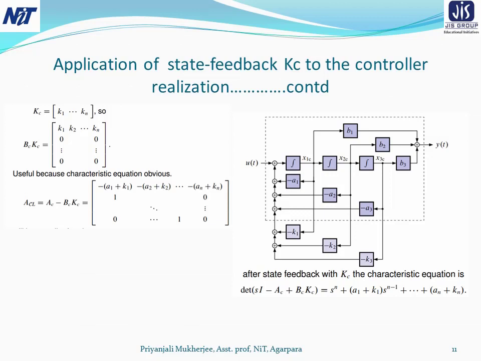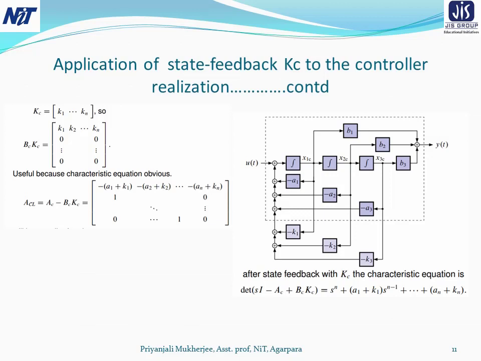So now we are using one more state feedback, that is K1, and the actual feedback is A1, and both are negative. So we can consider minus A1, and from x1c the feedback is coming minus K1. So minus A1 and minus K1 are adding up, and then it will be used as the common feedback.